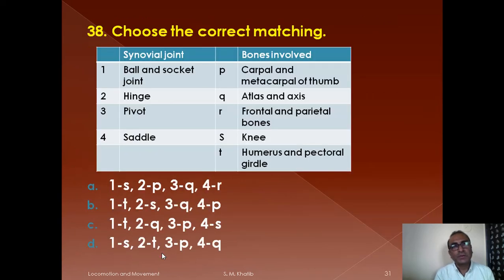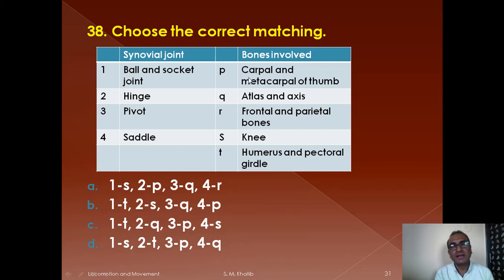Question number 38, choose the correct matching. Again, in this table we have on one side synovial joints and on the other side bones involved. Ball and socket joint, hinge joint, pivot joint, and saddle joint is given.